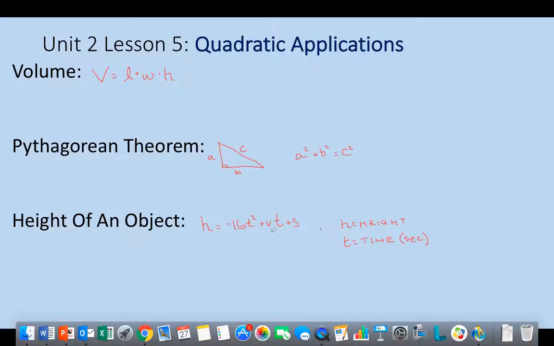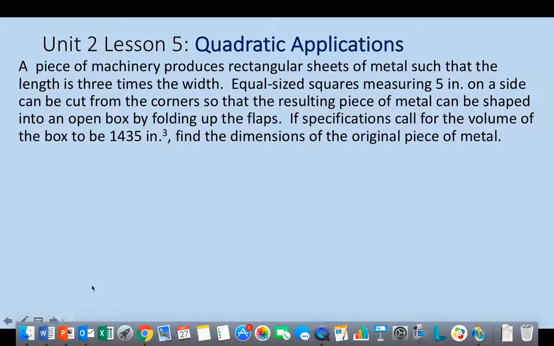So h is the height of some object that's been tossed into the air after a certain number of seconds, and that leaves us with v and s. v stands for the initial velocity, and s stands for the starting height. So if I had kicked something from the ground, the starting height would be 0. So these are some basics that will help us write our equations here.